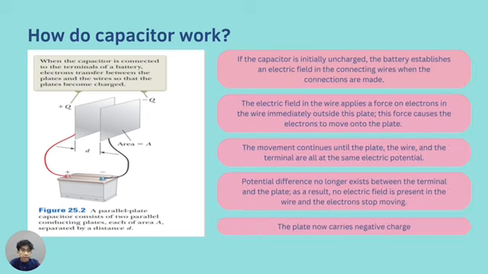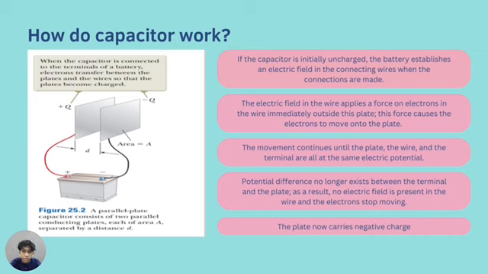So let's learn how a capacitor works. As you can see, there's a figure here showing how a capacitor works. If the capacitor is initially uncharged, the battery establishes an electric field in the connecting wires when the connections are made. The electric field in the wire applies a force on electrons in the wire immediately outside this plate.